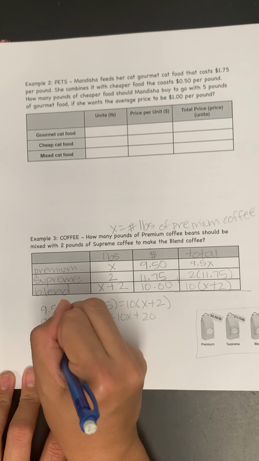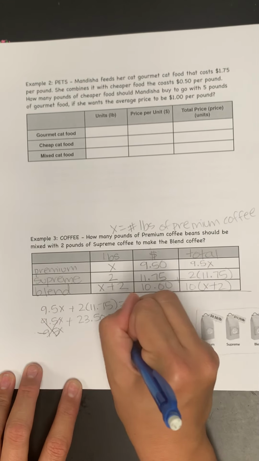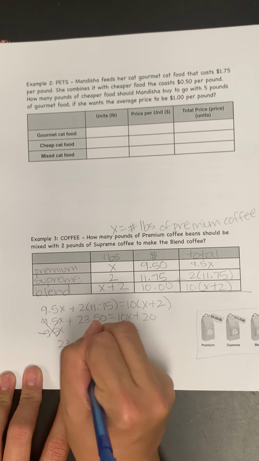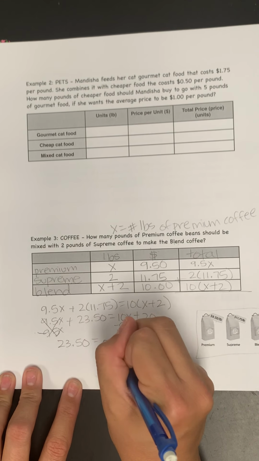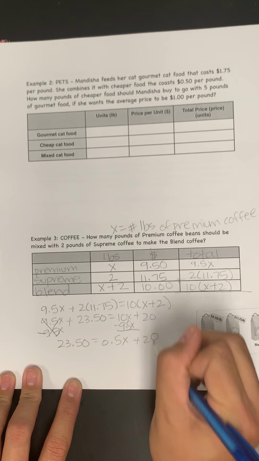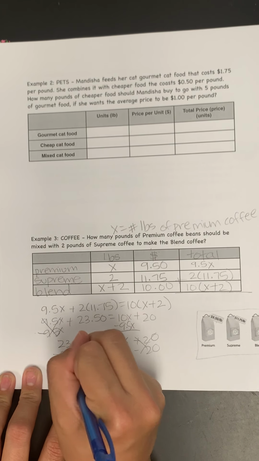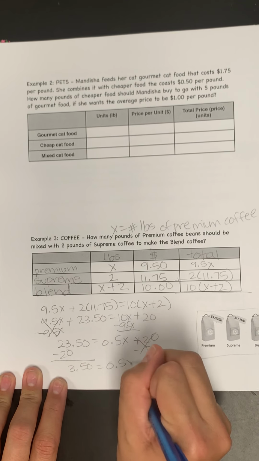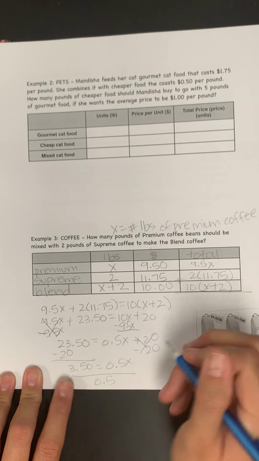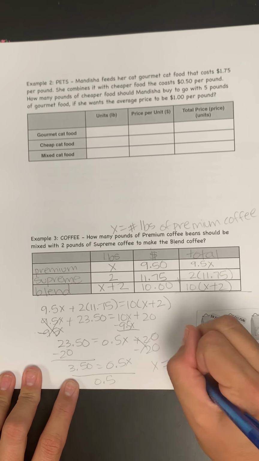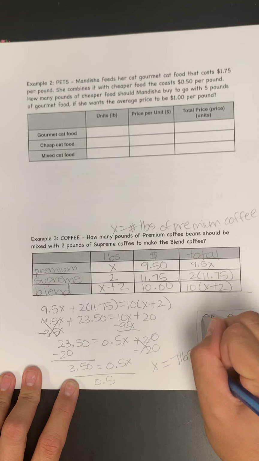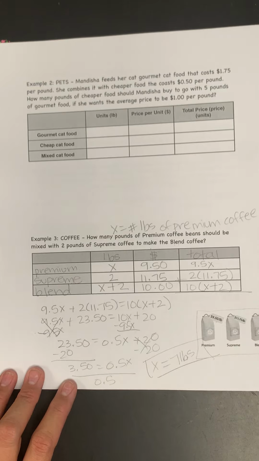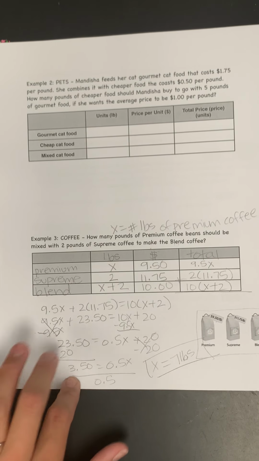So subtract 9.5x, subtract 20. And for this one, x equals 7 pounds. So they would have to have 7 pounds of the premium in order to make this blended coffee.